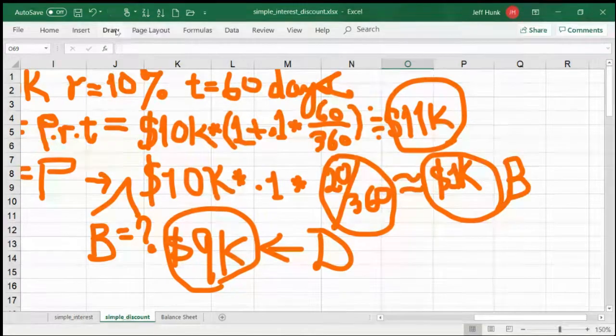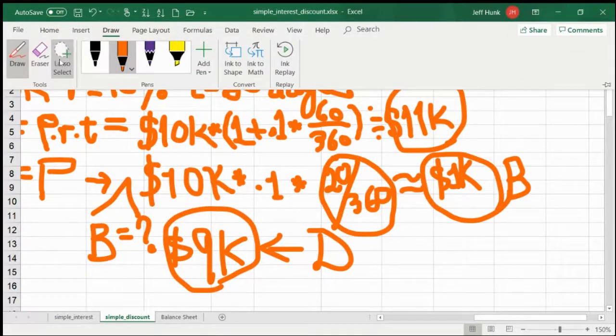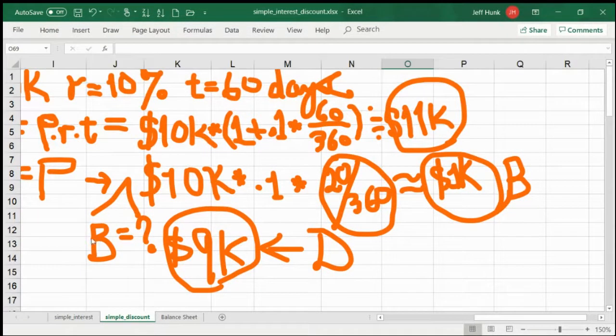And the 9K that you are taking from this bank is called proceeds, right?